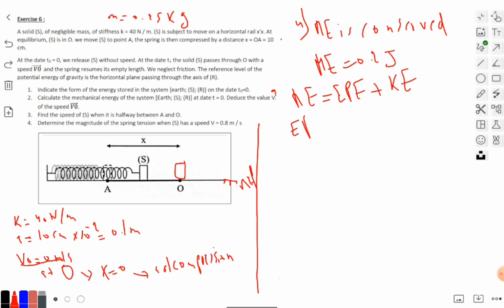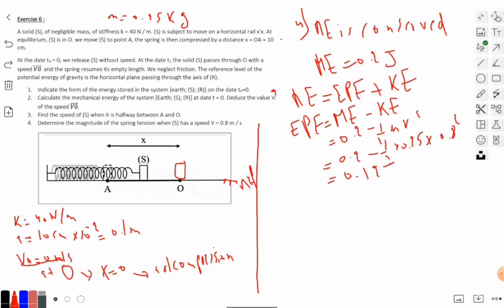So EPE is equal to mechanical energy minus kinetic energy. It's equal to 0.2 minus half m v square, equal to 0.2 minus half times 0.25 times 0.8 square. We obtain EPE equals 0.12 joule.